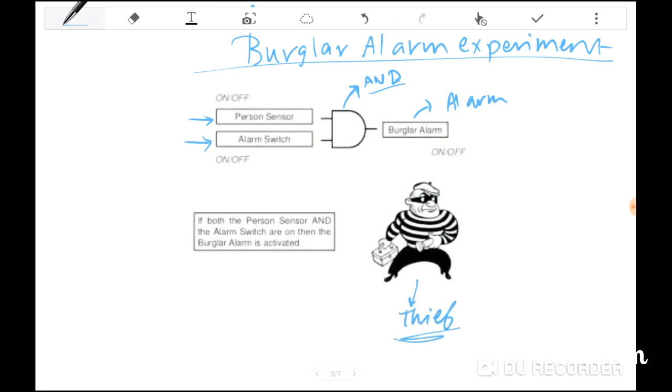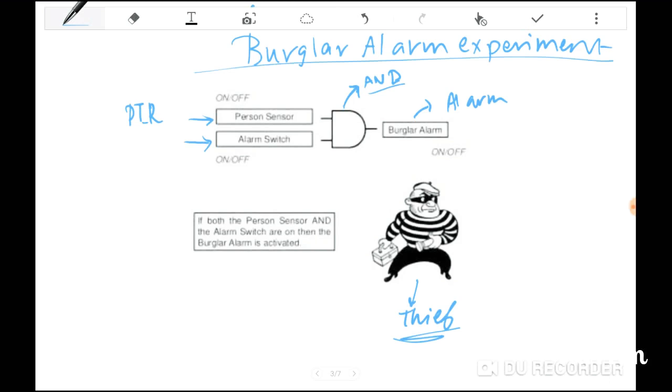The person sensor that I'll be using here would basically be a PIR sensor, for my convenience. Now, what is a PIR sensor basically? It is abbreviated from passive infrared detector. I won't go into depth about it, just tell you why we are using it here.